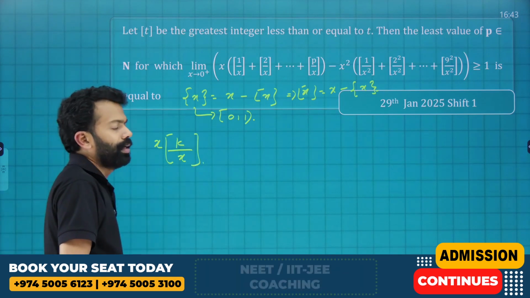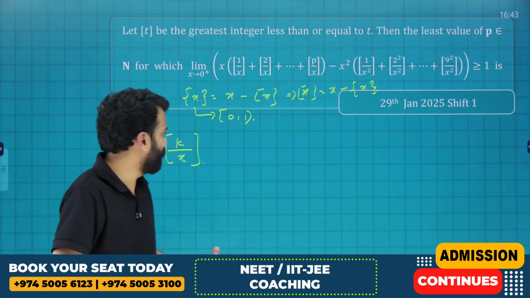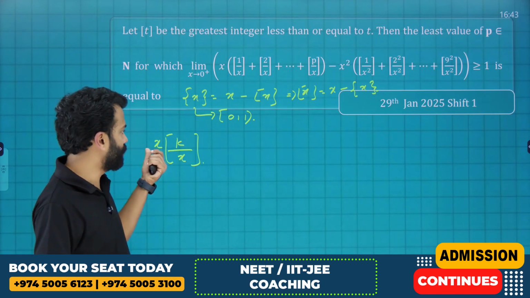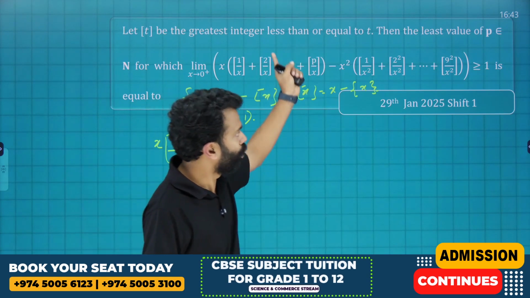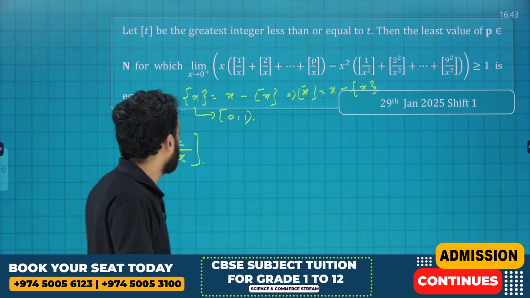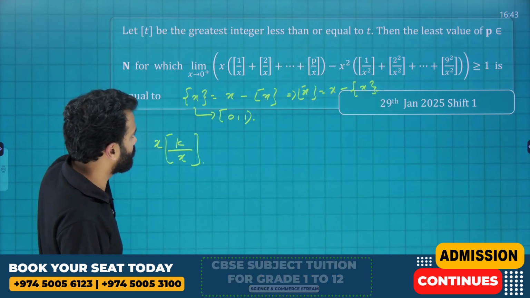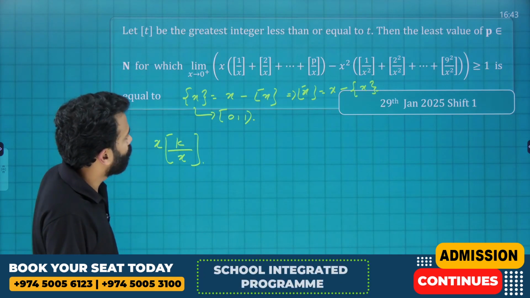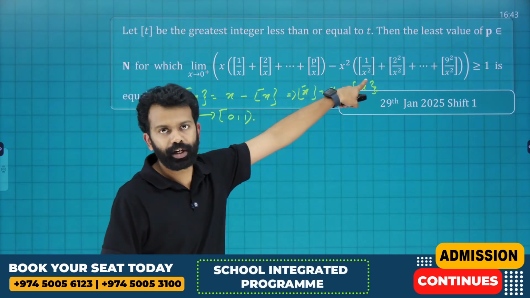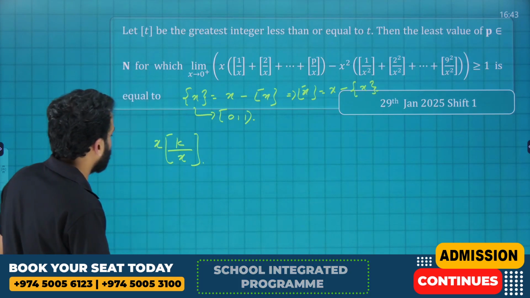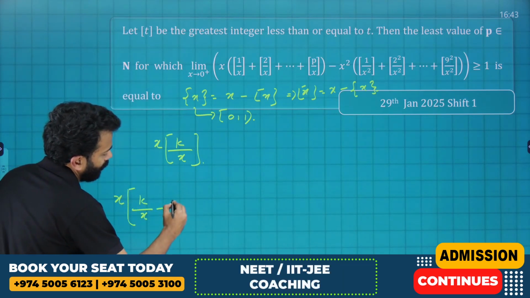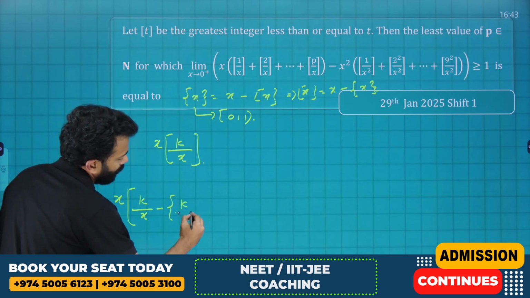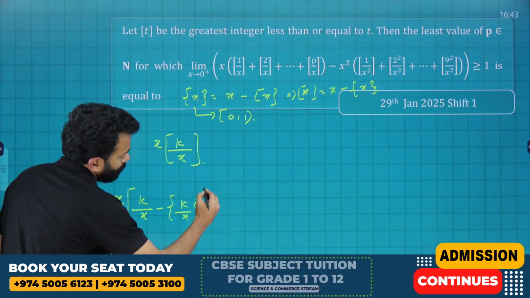After multiplying, the parameter which you obtain from x into box k by x, we can apply here. Therefore, what is x into box k by x? Box x can be written as x minus the fractional part of x, right? Therefore, this can be written as x into k by x minus the fractional part of k by x.